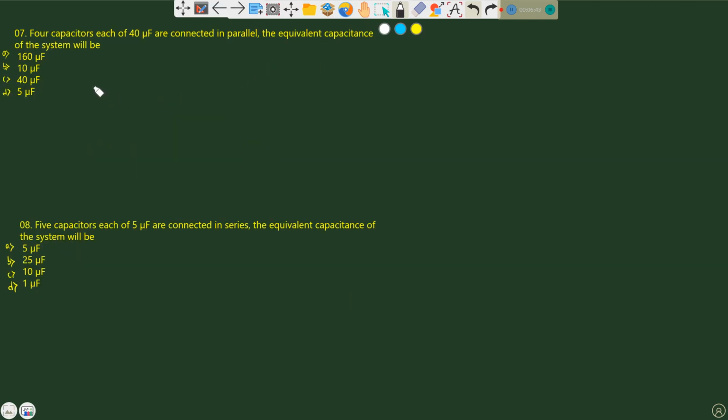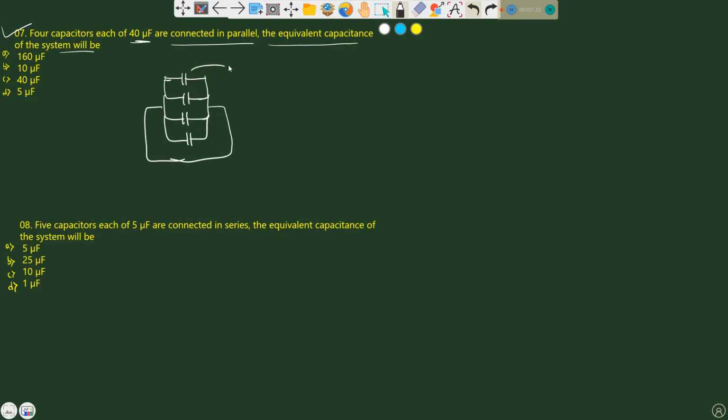So next we have, if 4 capacitors of each 40 microfarads are connected in parallel, the equivalent capacitance of the system will be how much? They are given options as 160 microfarad, 10 microfarad, 40 microfarad and 5 microfarad. So we know that when 4 capacitors are connected in parallel, they get added.